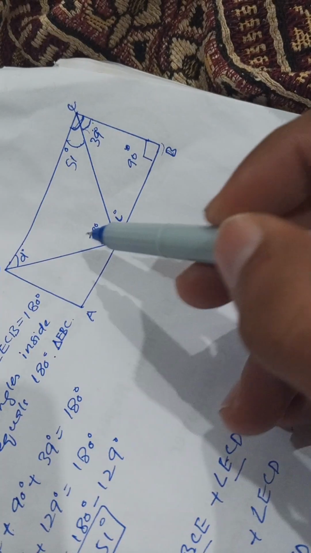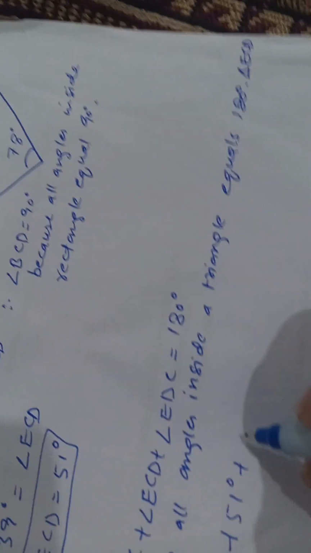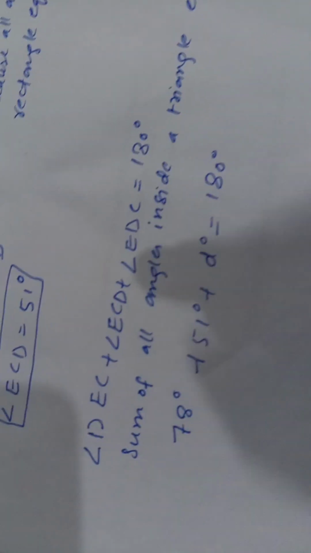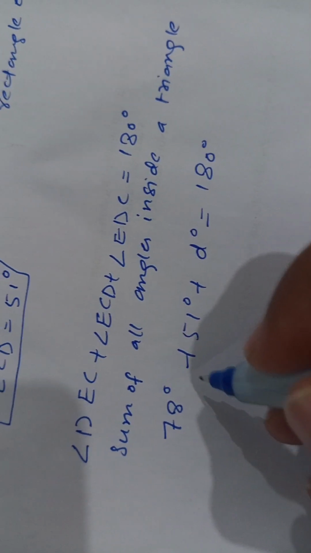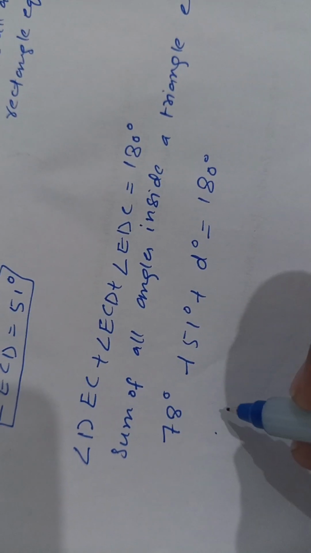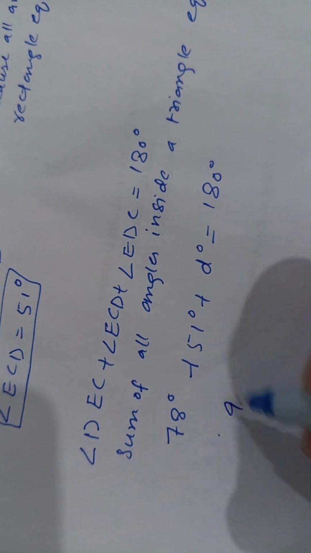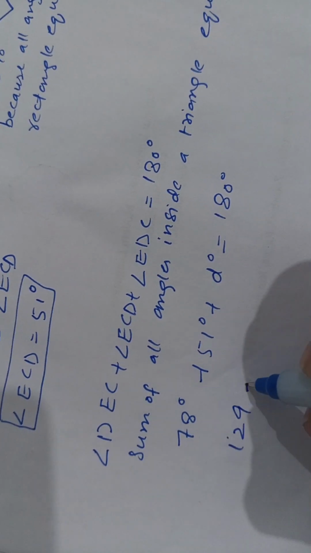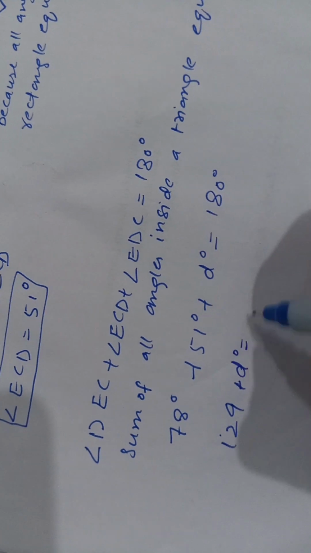We don't know the value of angle EDC, but we have termed it D degrees. So I'll write D degrees equals 180 degrees. Let's solve this. 78 plus 51 equals 129, right? So 129 plus D degrees equals 180 degrees.